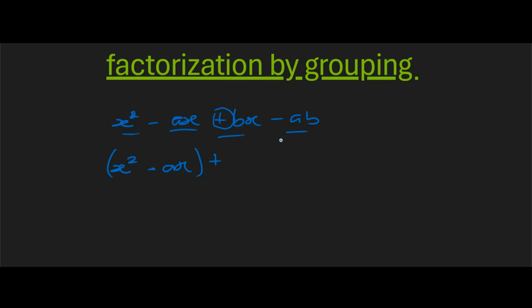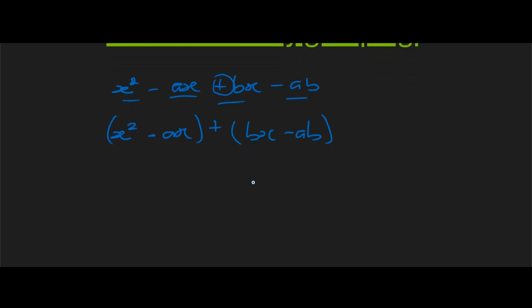I'll group the next two terms in one bracket, and that is going to be bx minus ab. So at this point, there are two terms in each bracket, so you can use the common factors approach. That is why I'm saying you can watch that video to know how to factorize using the common factors approach. So that's what I'm going to do here.